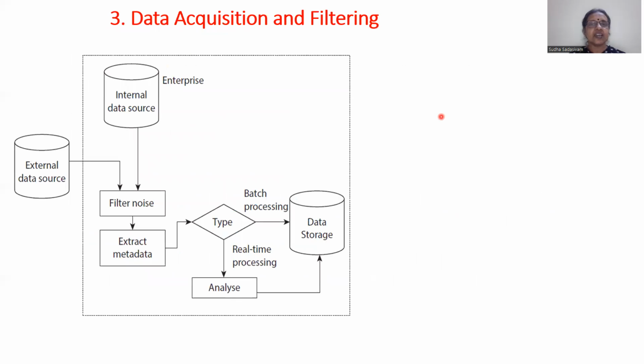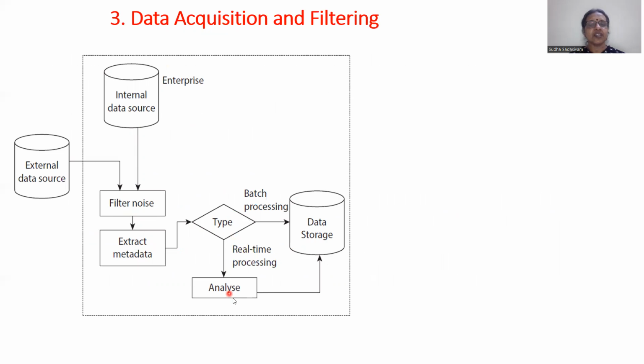Next is the data acquisition and filtering phase. The purpose of this phase is, once the data is got, all the noise has to be removed from the data. Depending upon whether real-time analytics or batch processing analytics has to be done, the data is stored in the storage device.